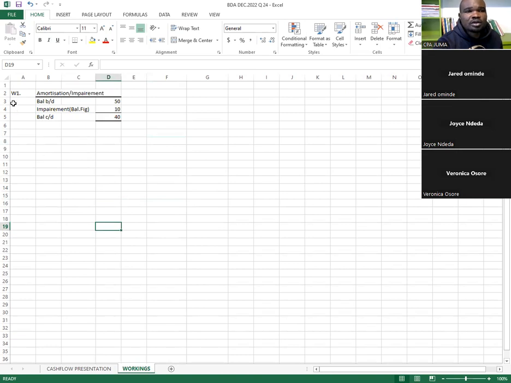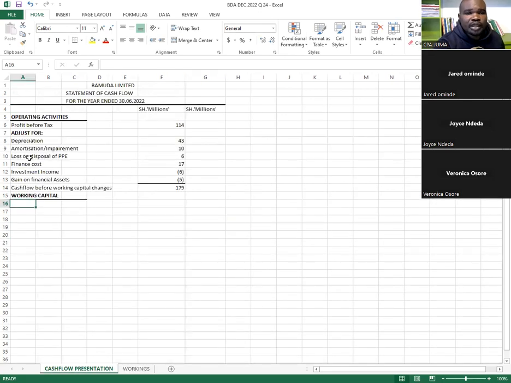So that is, continue saving your work. So this is working 2. Oh, and sorry, you need to show working 1 on impairment. I was to show here amortization, stock impairment, W1, that is working 1. You have to show where I'm supposed to get that. So you have to indicate here working 1.